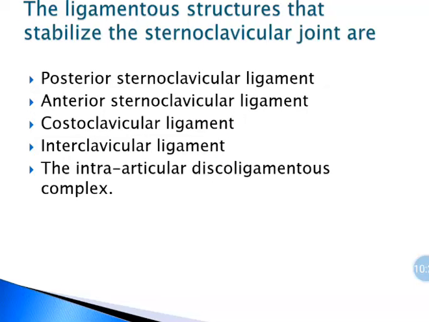The ligaments stabilizing the sternoclavicular joint are mainly the posterior sternoclavicular ligament, then anterior sternoclavicular ligament, costoclavicular ligament, interclavicular ligament, and intra-articular discoligamentous complex.